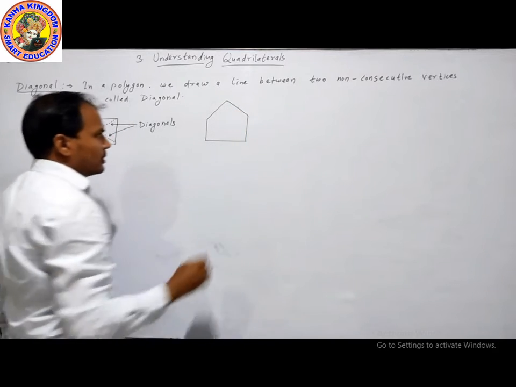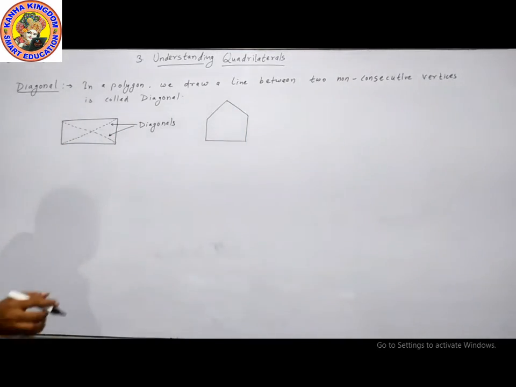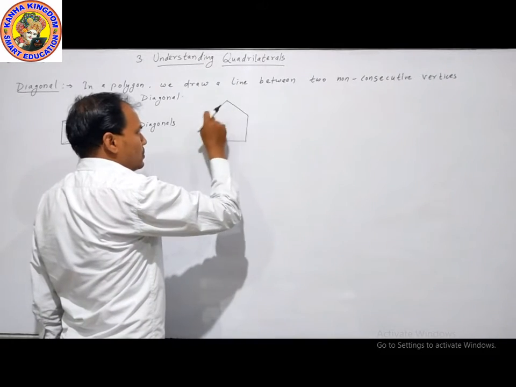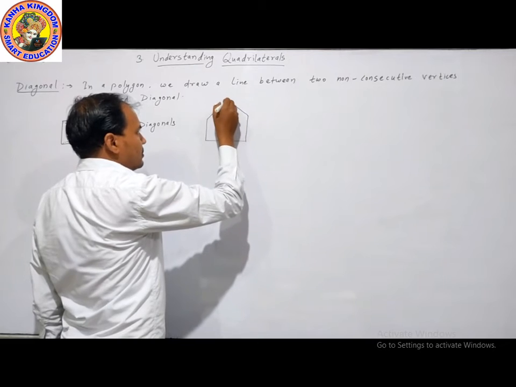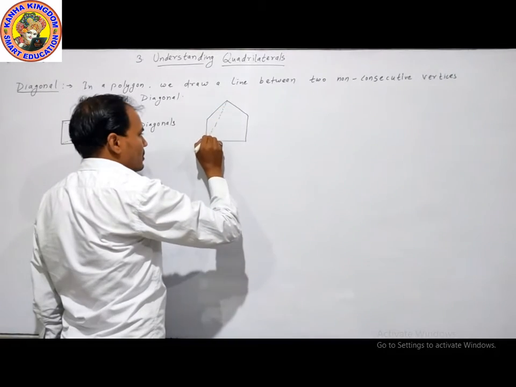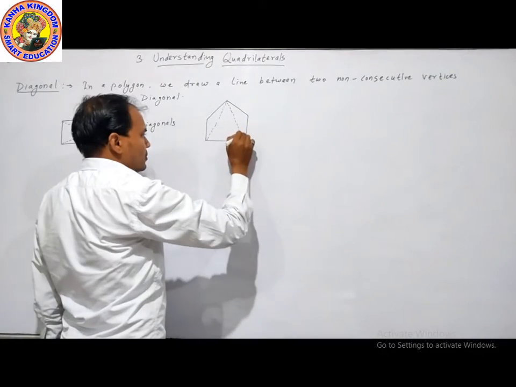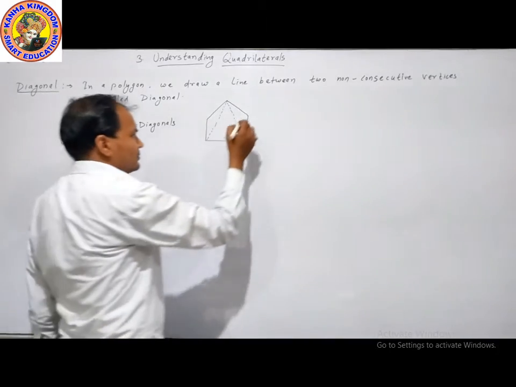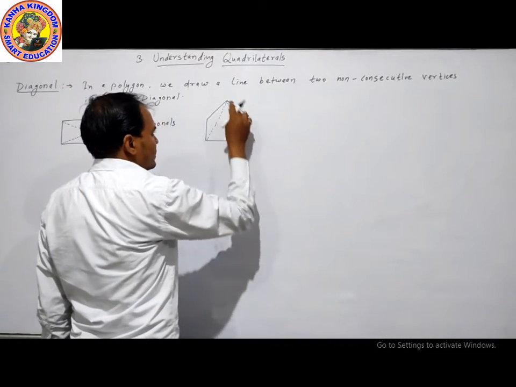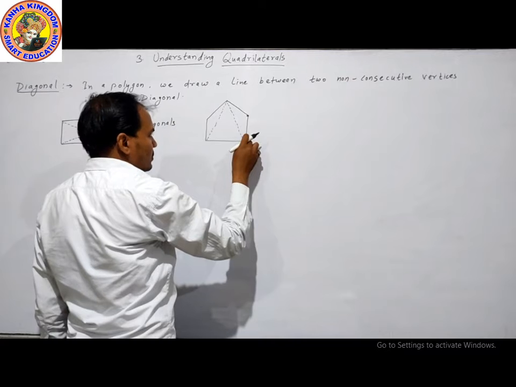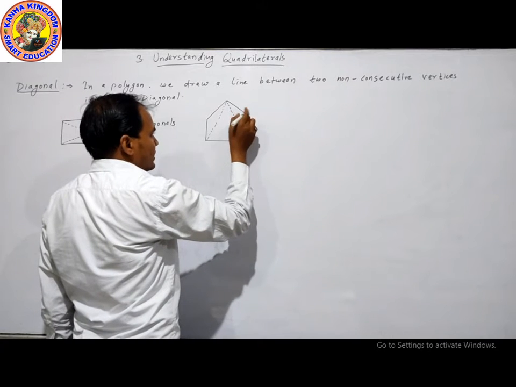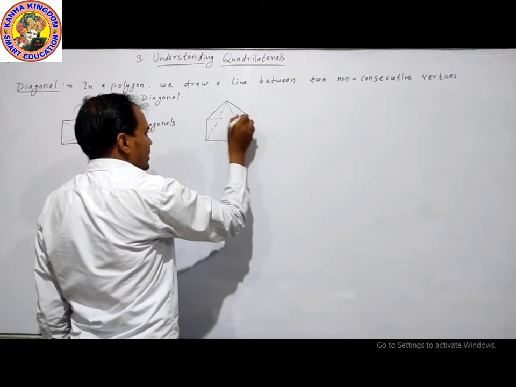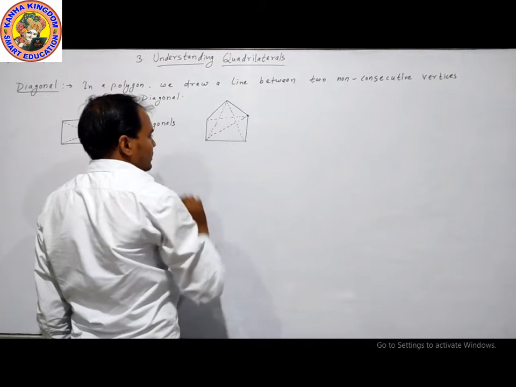This is our pentagon. We draw diagonals. For this vertex, two vertices are consecutive, another two are non-consecutive. So from this vertex we can draw two diagonals. From this vertex, this and this are joined with this vertex, so these are two non-consecutive, so we draw lines between them.